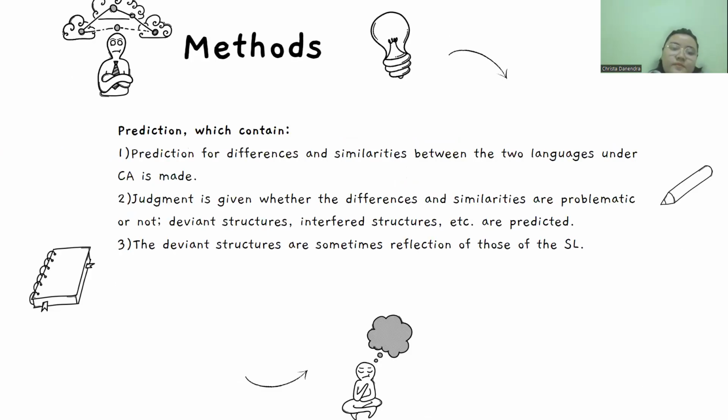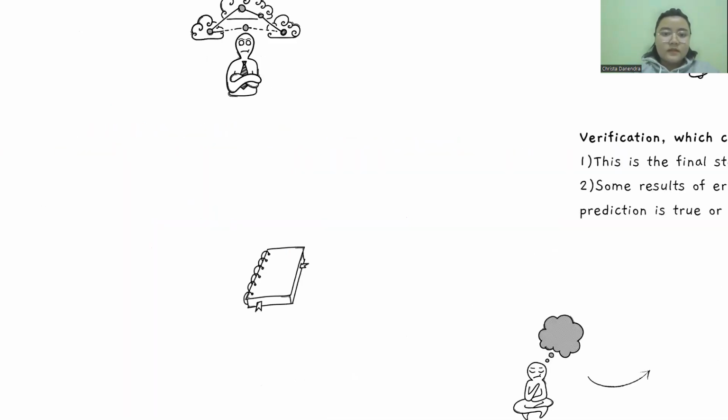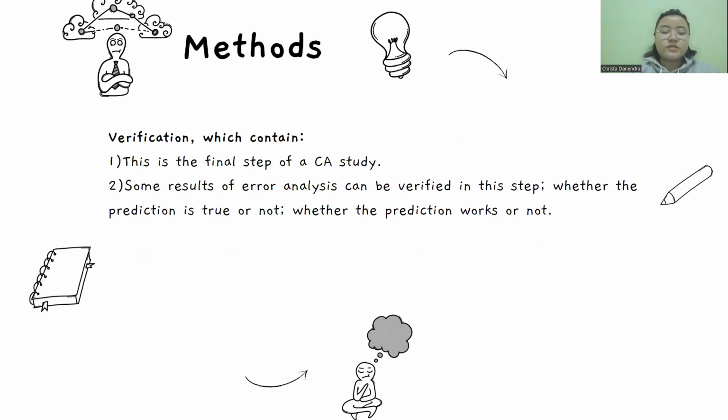For the prediction, it is the prediction of differences and similarities between the two languages under C.A. Smith. And the last one is verification. It is actually the final step of the contrastive analysis study.